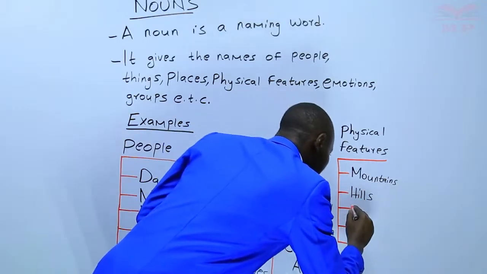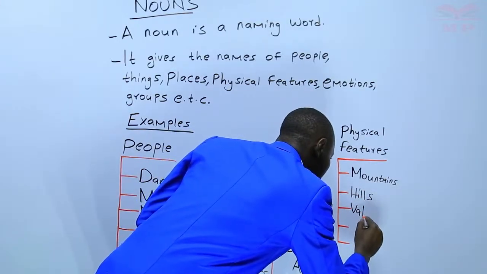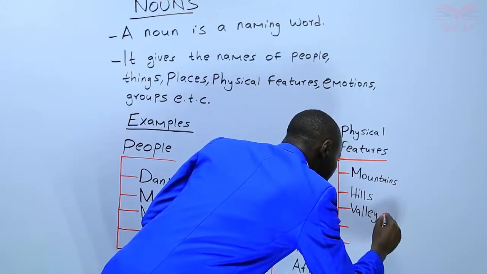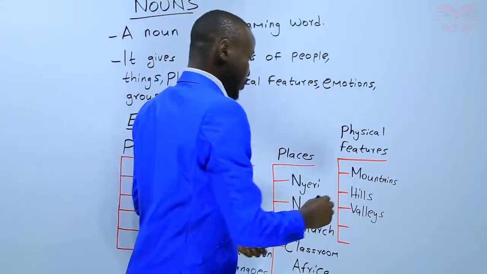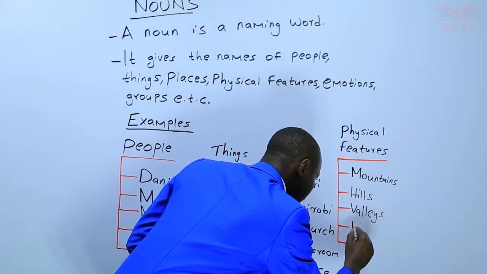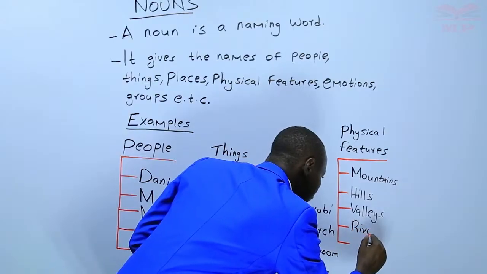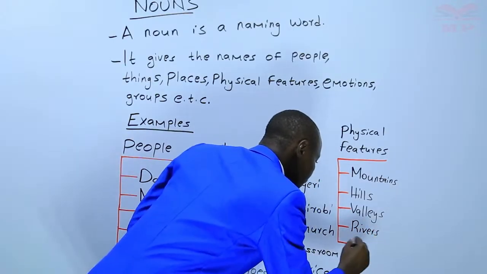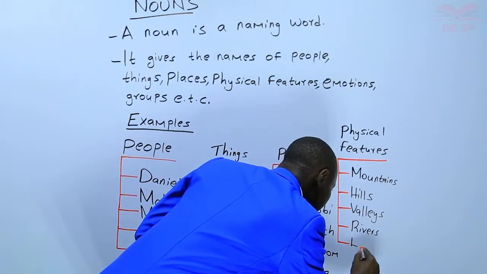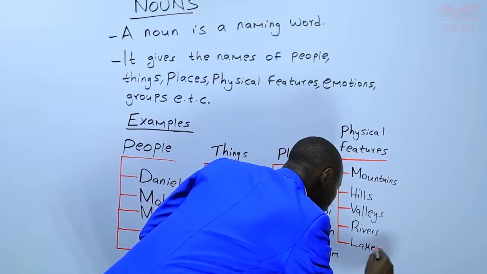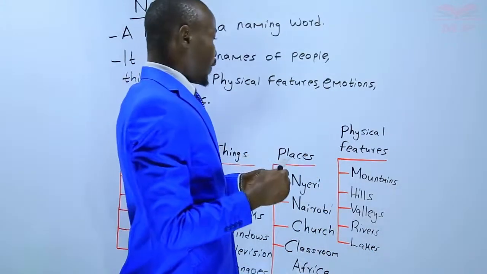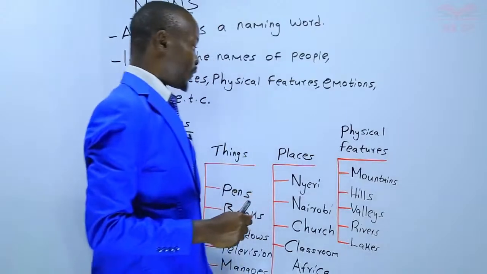The third one, we have the valleys. The fourth one, you can talk about rivers. Next, lakes. So these are the physical features that we have.